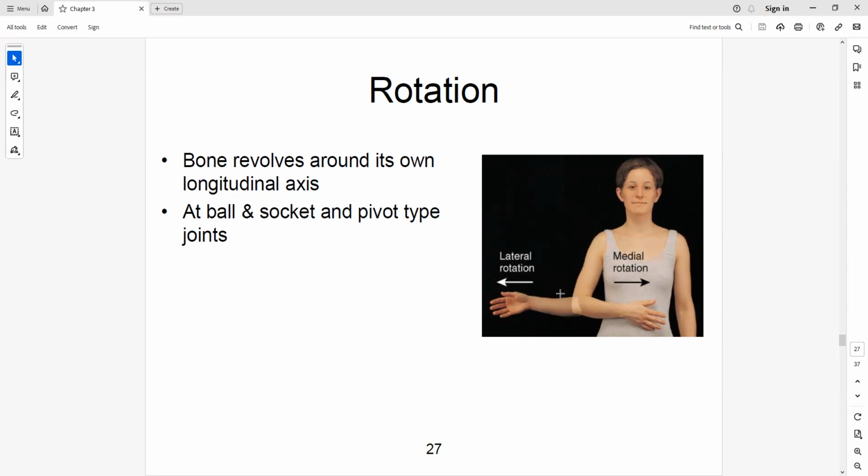When you bend your elbow at 90 degrees, in anatomical position, you just flex your forearm to 90 degrees. But then from the anatomical position, move your hand to your stomach. And this is called medial rotation. What rotates here is the humerus, rotating in the articulating surface of the scapula.